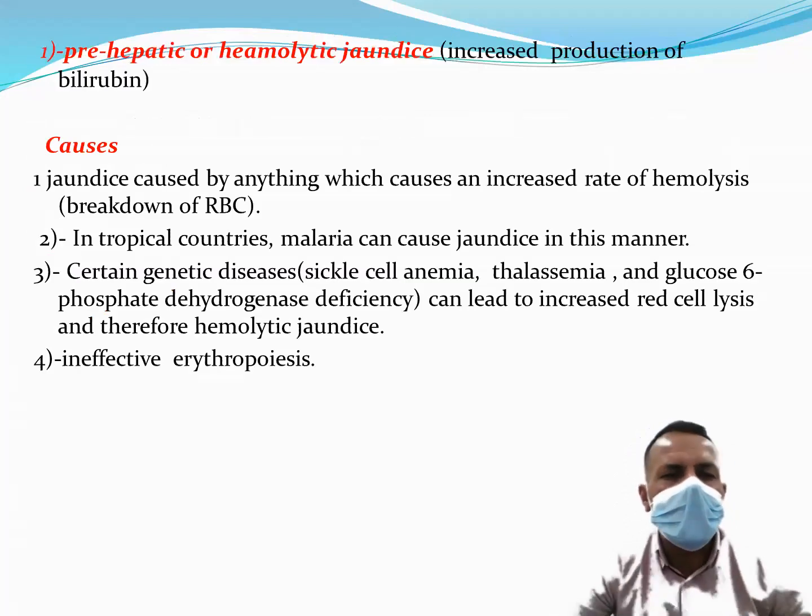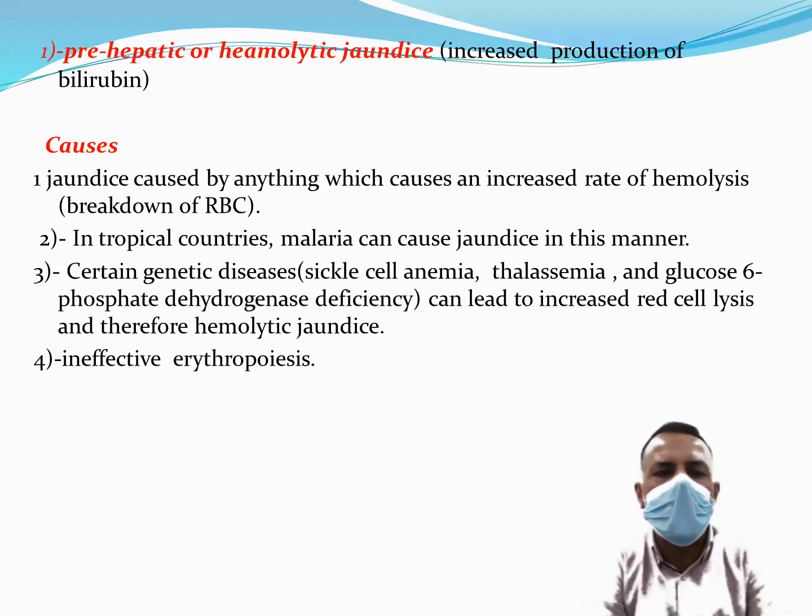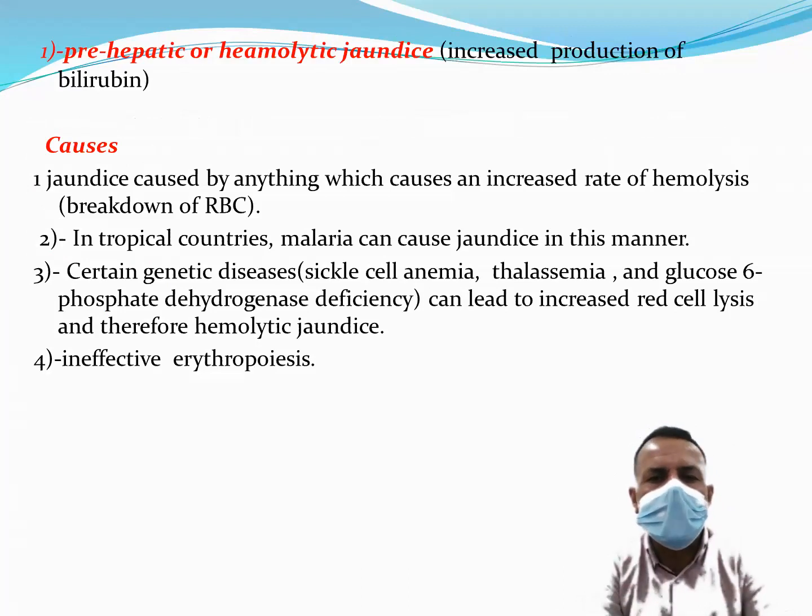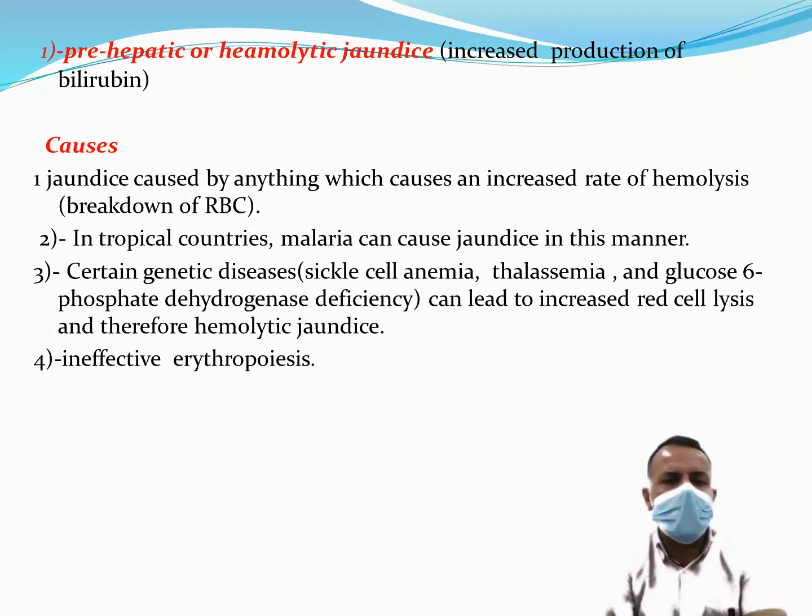The prehepatic, or hemolytic jaundice, results from increased production of bilirubin. This results from excessive destruction of RBC, for example hemolytic anemia, thalassemia, sickle cell anemia, infection of the RBC.